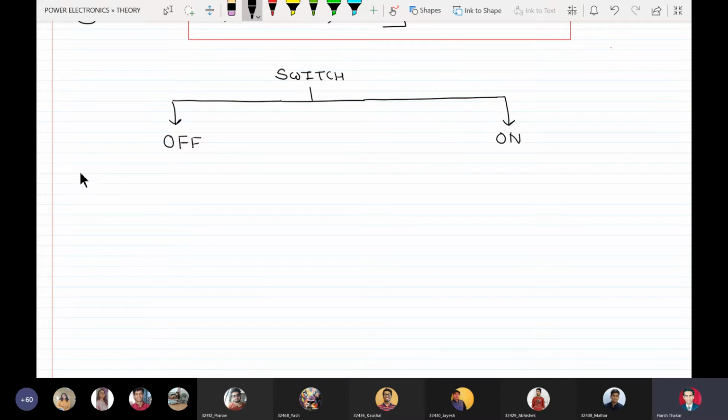Now voltage across the switch. Current through the switch.